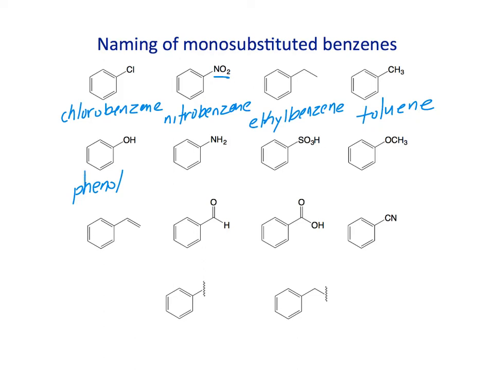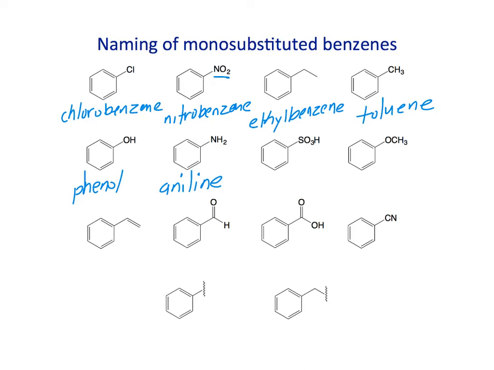The next one isn't aminobenzene, unfortunately. This is called aniline. Okay, so a lot of the monosubstituted benzenes and even some of the disubstituted benzenes have common names that we use. All right? And I'm not going to ask you to remember all of these, but there are some of them.